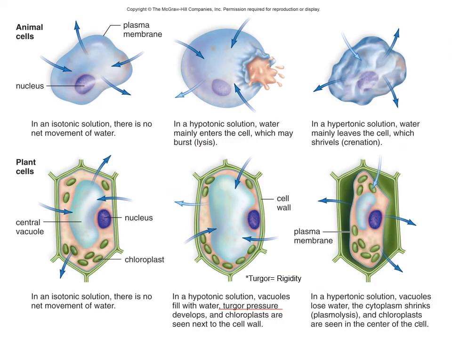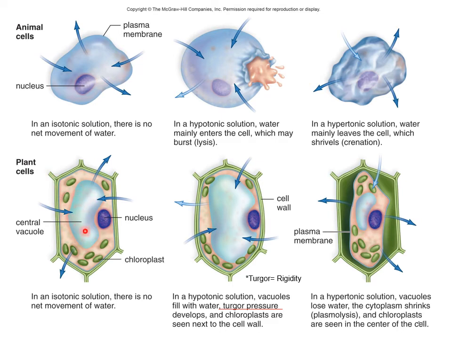So this is just one more way to view how the movement of water is affecting the cells. Now, what we've been focusing on so far is the general idea of the movement, but now I want to show you a specific difference between animal cells and plant cells. If you remember in the previous chapters, we talked about plant cells having a very special structure that animal cells do not, and that is the central vacuole.